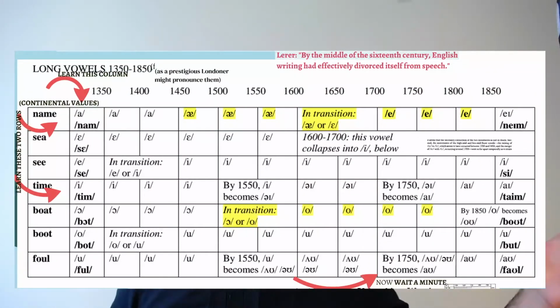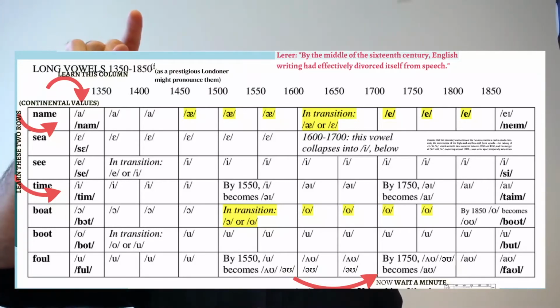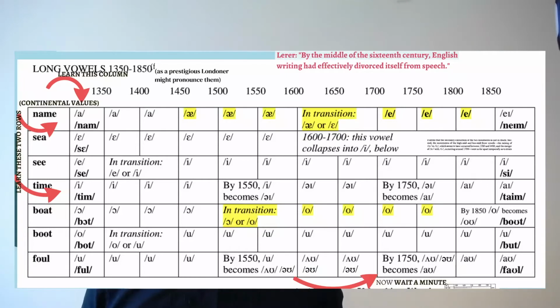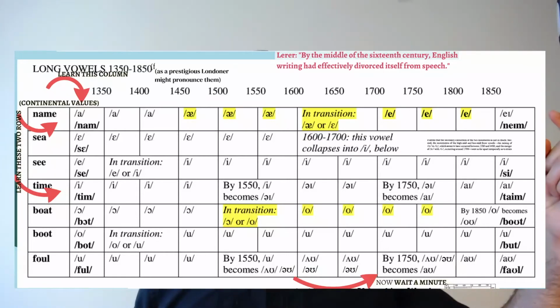And finally, our dear Giancarlo, which introduced us not only to consonant shifts, but vowel shifts. This is one of the best ways we can understand how Middle English was pronounced phonologically, because at the beginning of this chart, we have what we call the consonantal values of Middle English that teach us that the words we now say after 1850 as name, that's a diphthong, see, time, another diphthong, boat, that's a diphthong, right?